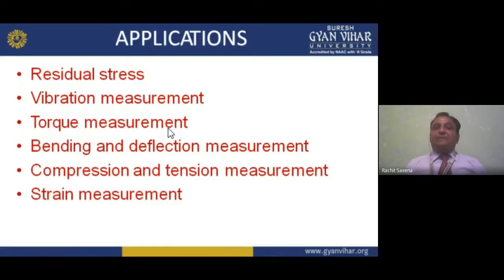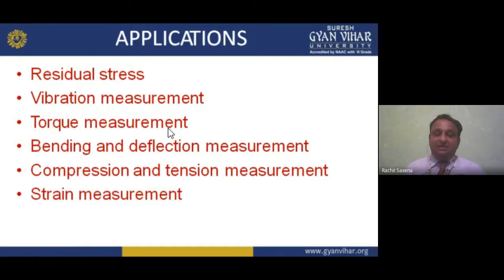Now the applications. These are some of the uses of the strain gauge transducer. If I am talking about the applications, my dear student, residual stress: if I am working on residual stress, we can use it.